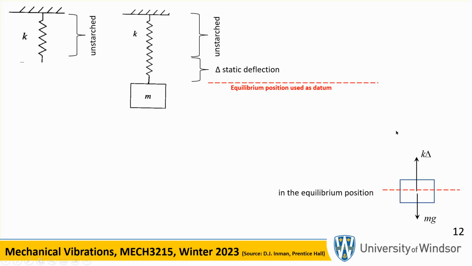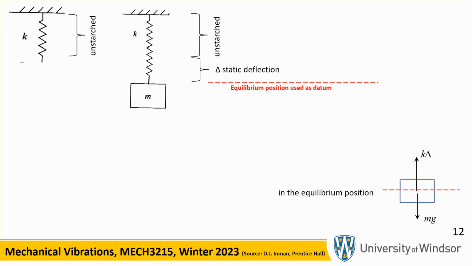Okay, so let's look at the very first problem that we would like to consider. Very simple. We already know the answer, m x double dot plus k x equal to 0. Whatever we do, we will get that equation. I want to show you first a longer way of doing it, where we look at the static deflection and the gravity, and try to get the expression for T, kinetic energy, and U, potential energy that way.